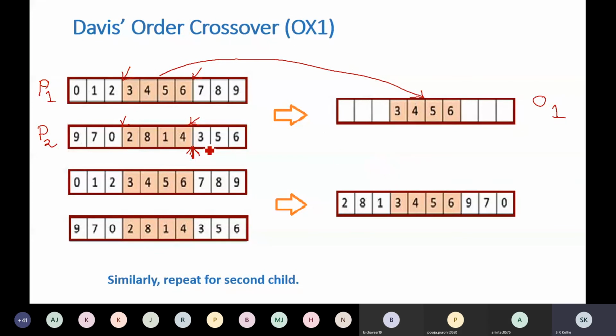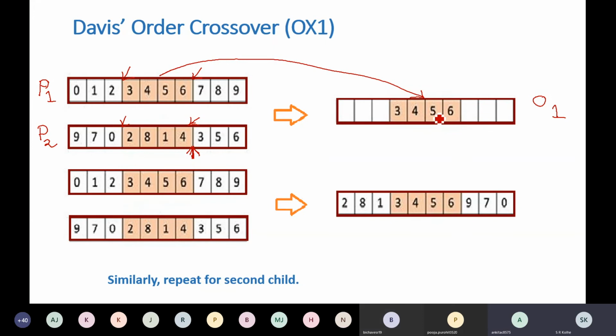So start with this 3. Is it unused? Yes, sir. Yes, because 3 is there, right? In O1. 5, is it unused? Yes, sir.